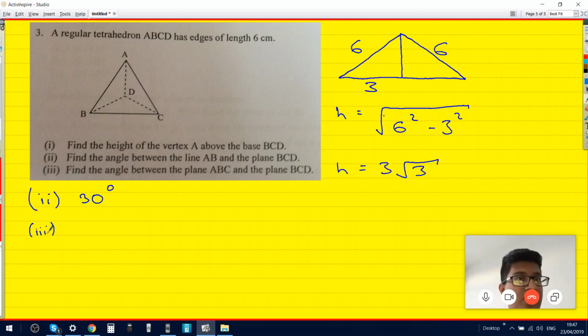And then the angle between plane ABC and the plane BCD.